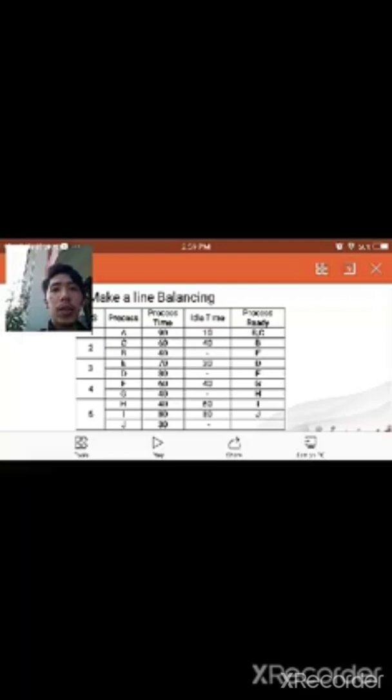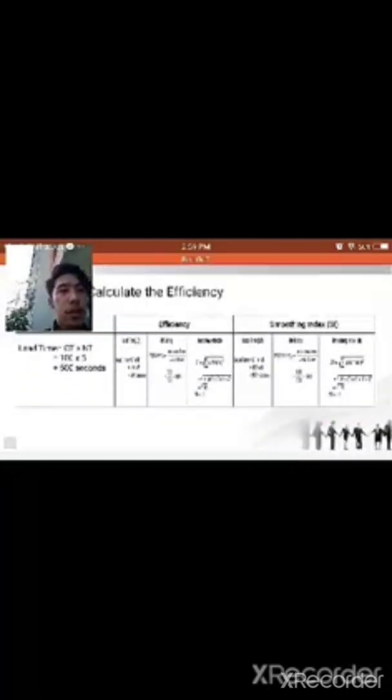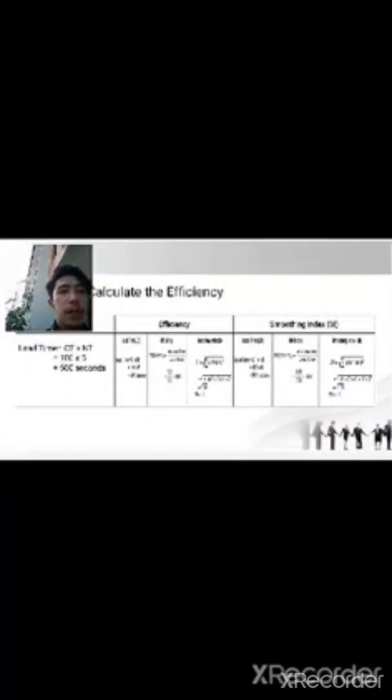So in our solution, we have 10 squared plus 0 plus 0 plus 0 plus 0. And we get the square root of 100, which is 10, so we get the smoothing index of 10.